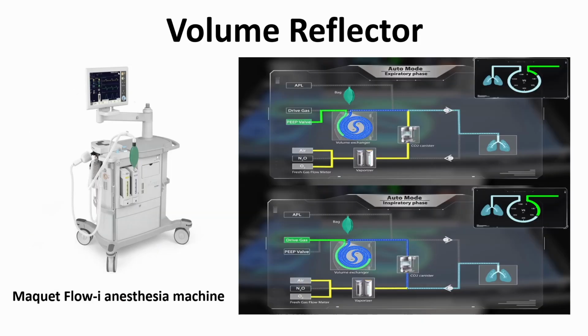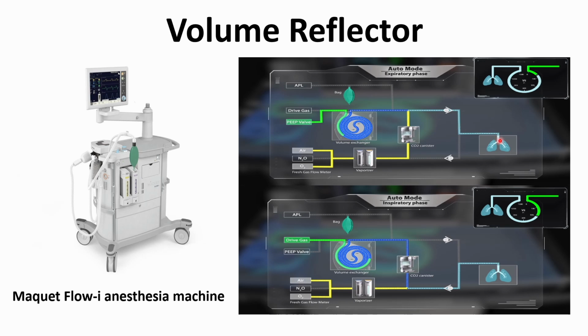Finally, we have this device, the Maquet Flow-i anesthesia, which uses a mechanism used in recently invented machines called the volume reflector. We will start with expiration.